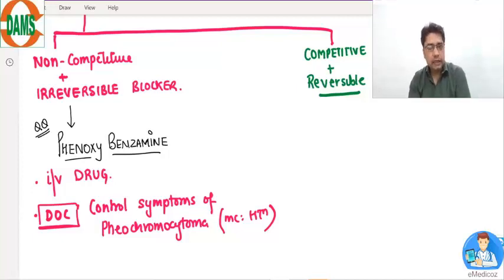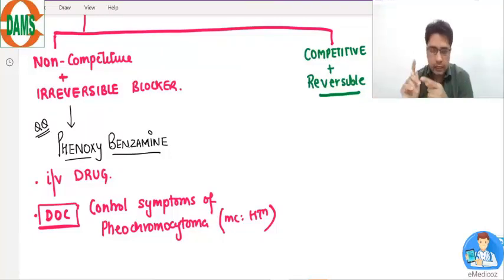Okay. Now, remember one point. What happens in pheochromocytoma? Very large amounts of catecholamines like epinephrine, norepinephrine come into the blood. When this large amount of epinephrine, norepinephrine comes into the blood, they act on alpha receptors and produce hypertension.